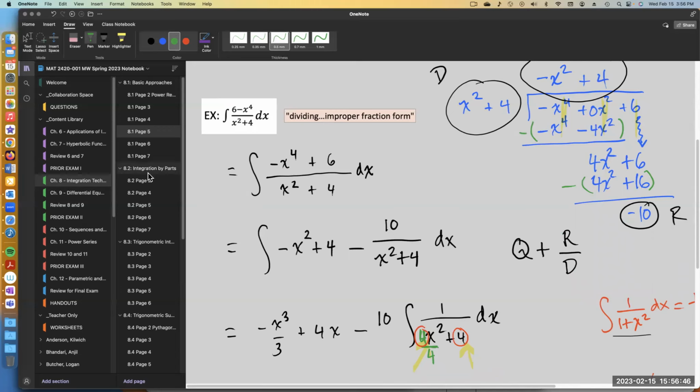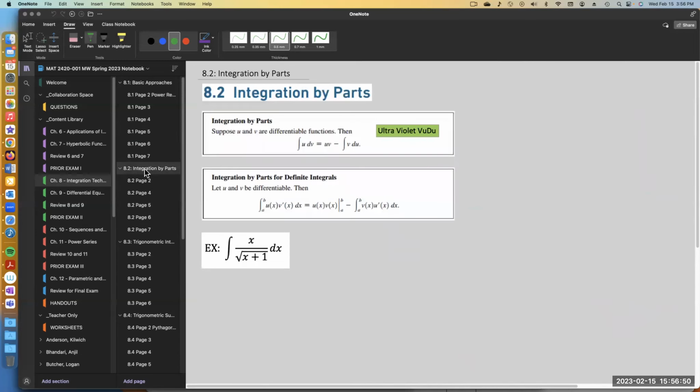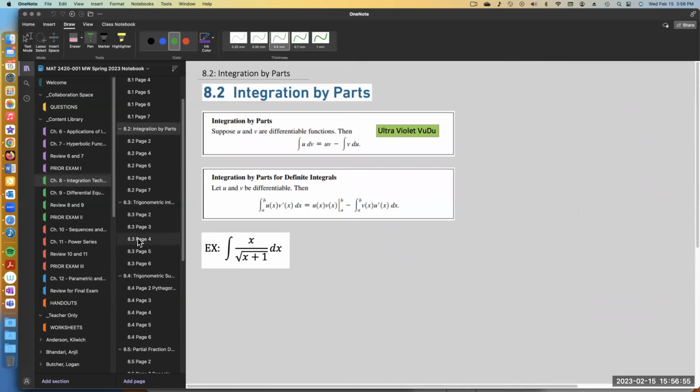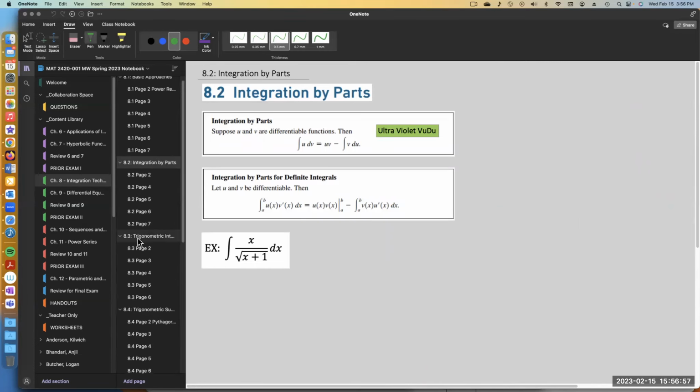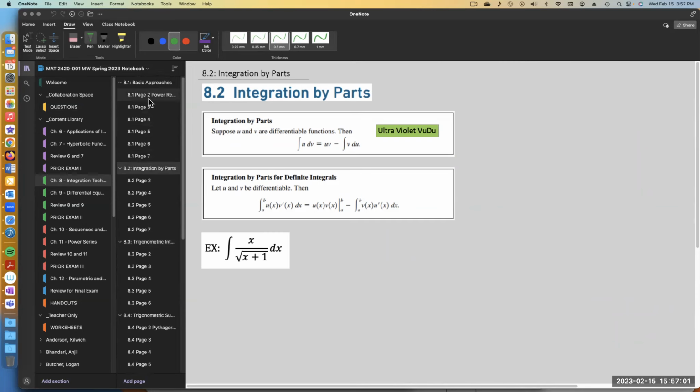But as soon as we get to the next sections, when we get to integration by parts, it's going to be very procedure-based. All these techniques down here will have step 1, step 2, step 3, step 4. But these one-off ones are much more, like you said, creative problem solving. They're not going to lend themselves to that systematic approach that we are going to have in the subsequent sections.